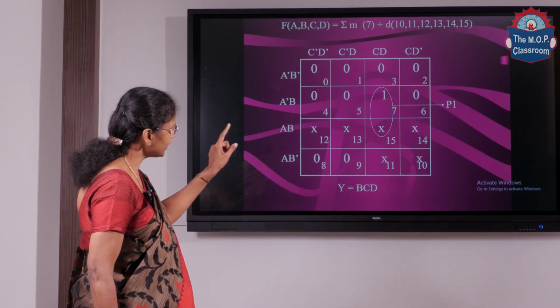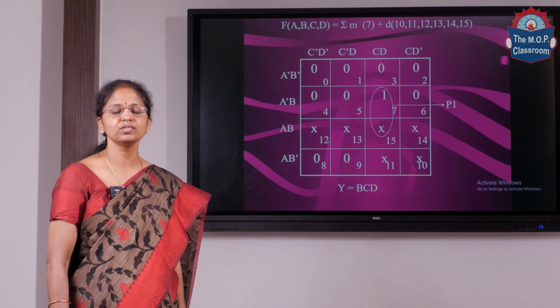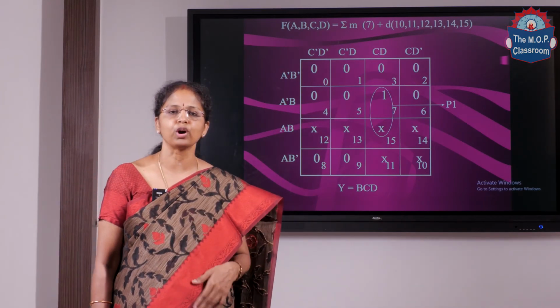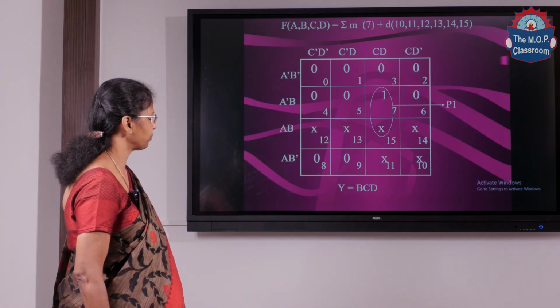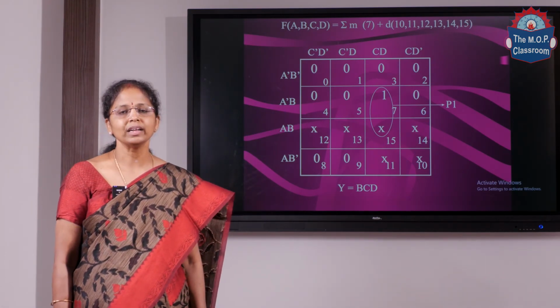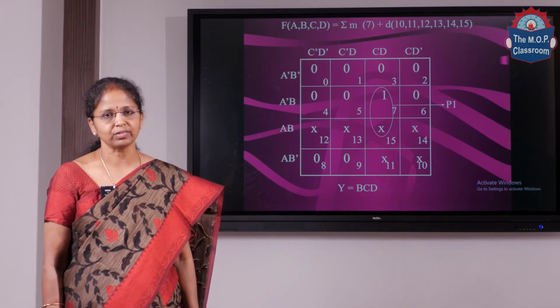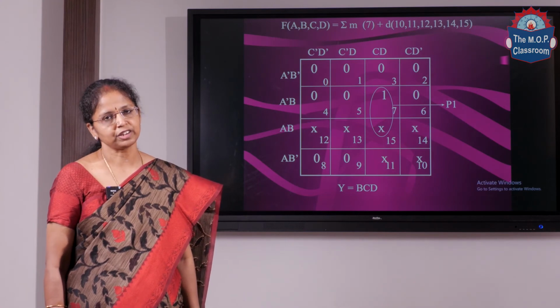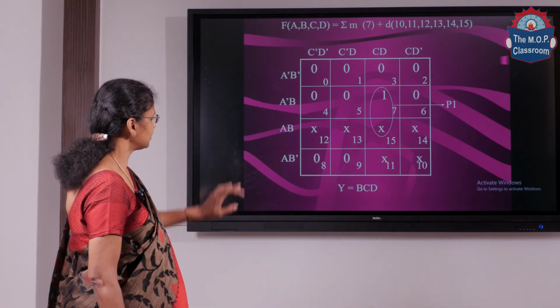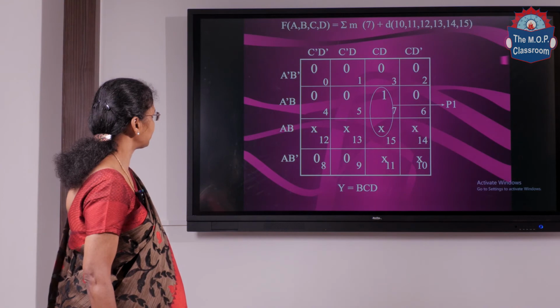Now, this 1 can be grouped with the X to form a pair. So, the expression corresponding to that is BCD. This just shows that the ones can be grouped with X values and we can form a simplified Boolean expression.